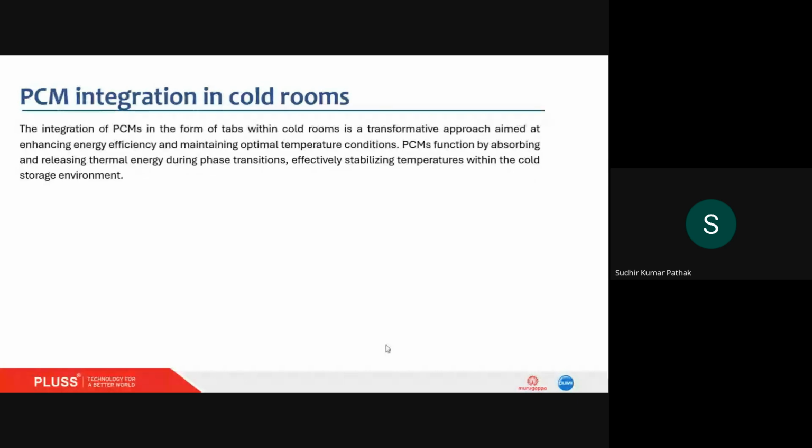So we have to place the PCM in a uniform manner. Tapes are a very efficient option to integrate the PCM in cold rooms. By integrating the PCM tapes at the wall surface of the cold room, we can maintain the optimal temperature condition. PCM functions by absorbing and releasing thermal energy during the phase transition, effectively stabilizing the temperature in the cold storage environment.